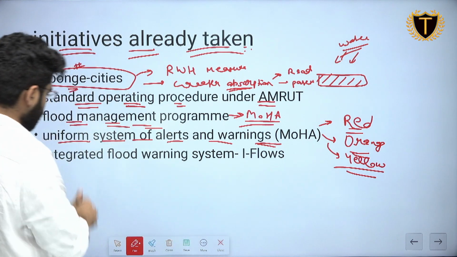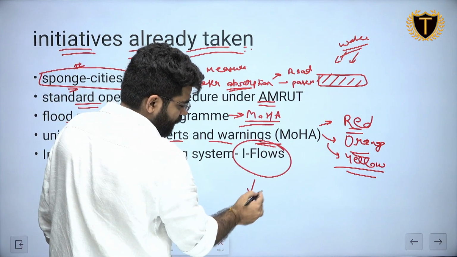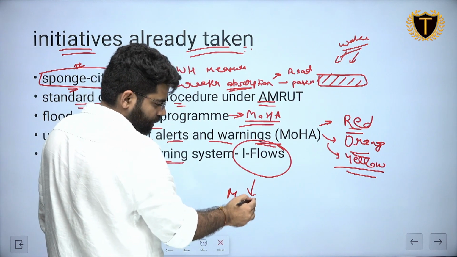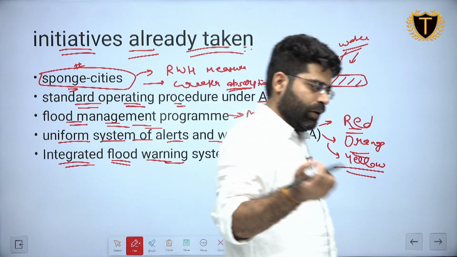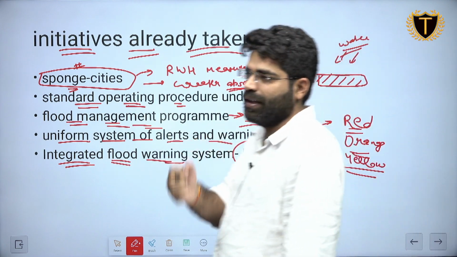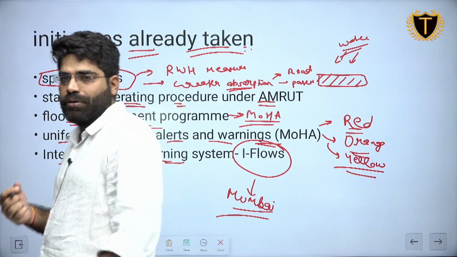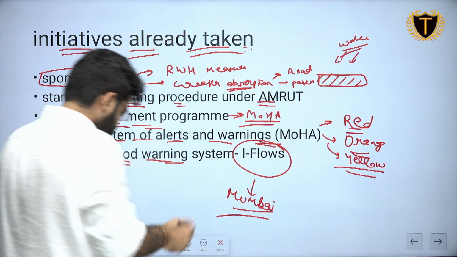Clear? Now we have the Integrated Flood Warning System, IFLOWS, which has been developed in cities like Mumbai, which gives a proper early warning system, due to which there is a reduction in the dangerous effects of flooding. Is it clear? Okay, let us move to the next slide.